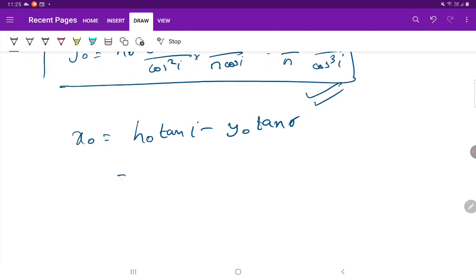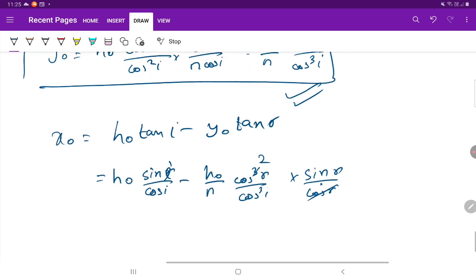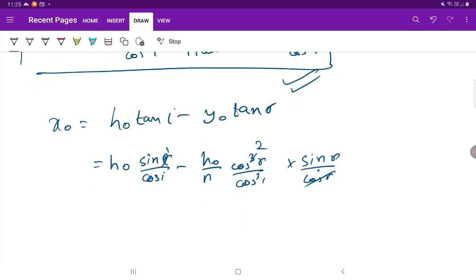Substituting the values, you'll get h naught sin I by cos I minus h naught by n, cos cube r upon cos cube I into sin r by sin I, so sin r by cos r. So one down, and cos square r, and we just need to do some more evaluations.